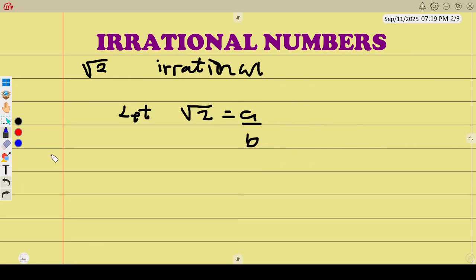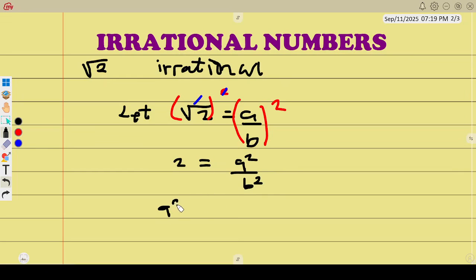So step 1, let's get rid of the root. We get rid of it, so we just cancel this and that. We're going to have 2 is equal to A squared over B squared. And then from here, let's make the numerator subject.